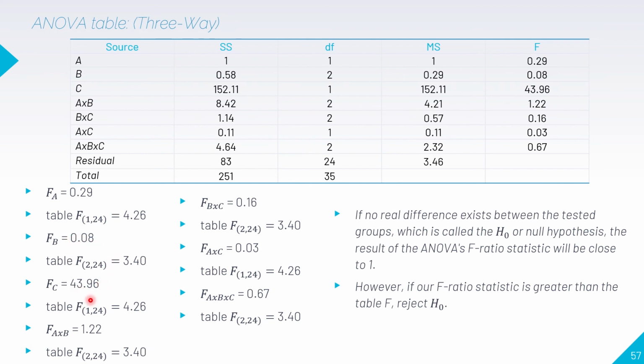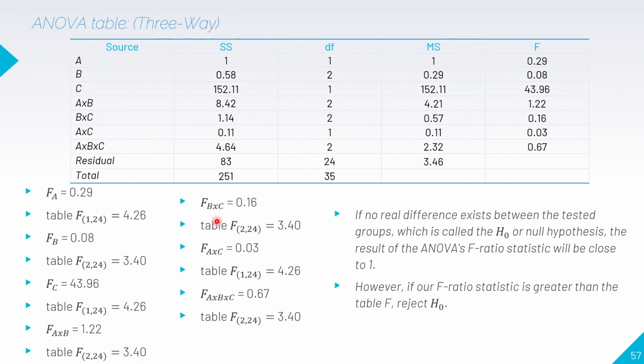However, our F ratio for FC is greater than its tabular F. For the interaction with A by B by C, it is lesser, less than its table F.